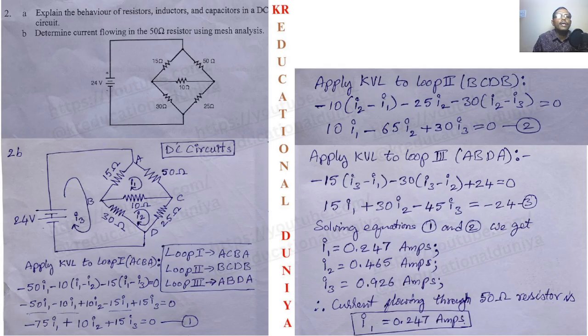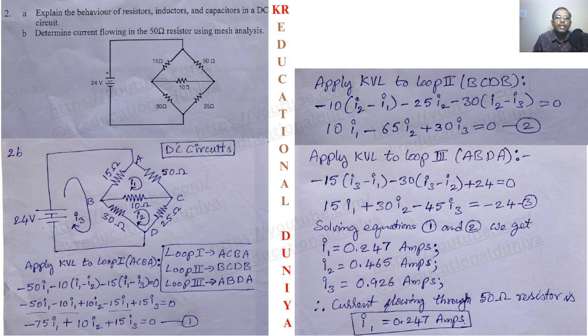Next, now we are coming to part B, which comes under 5 marks questions. Here we are seeing only problems. So 2B: determine the current flowing in the 50 ohm resistor using mesh analysis. When they give mesh analysis, we have to apply only mesh analysis, that is KVL, but we should not apply nodal analysis.